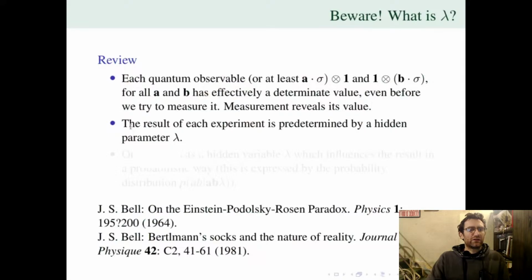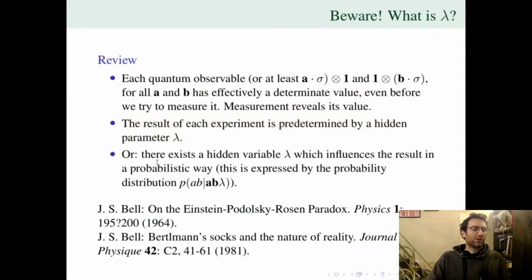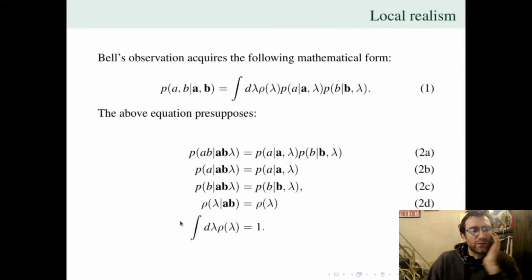Now, the result of each experiment is predetermined by a hidden parameter lambda. Or, more specifically, there exists a hidden variable which influences the result in a probabilistic way. This is expressed by the probability distribution P(A, B | a, b, lambda). This is contained in the seminal Bell paper.